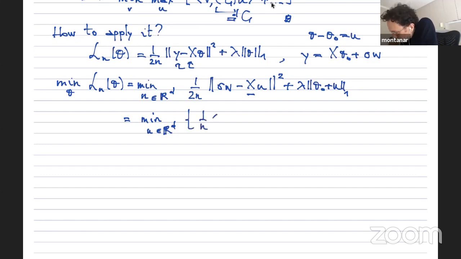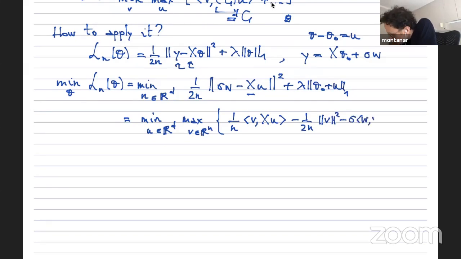You write this as, oh, sorry, forgot the max over V. And then there is 1 over n, and then minus sigma W times V plus lambda times, okay.